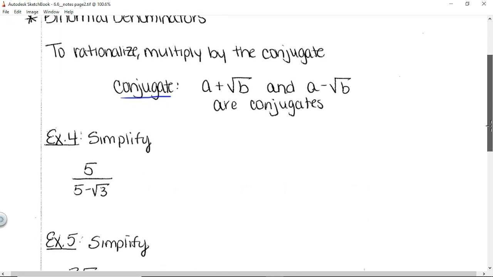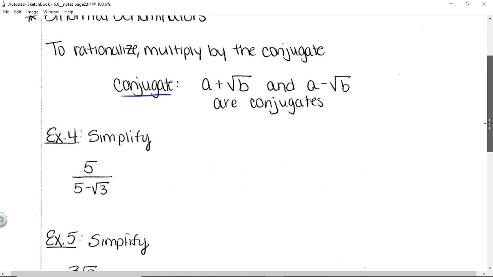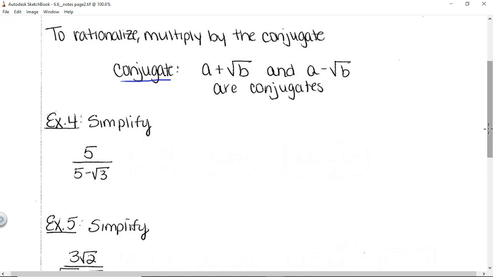So look at this first one. We have this 5 minus the square root of 3 in the denominator. So in this kind of situation, it will not help to multiply the top and the bottom by the square root of 3. I'm writing this down, but it won't help.